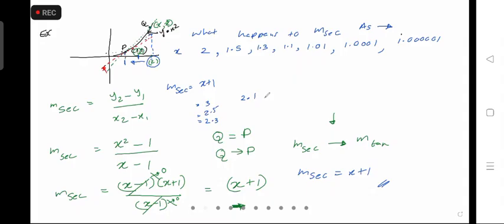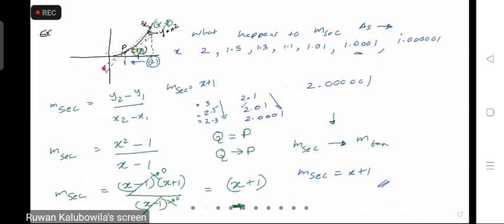Then you can apply 1.01, then the gradient is 2.01. If you apply 1.0001, then the gradient is 2.0001. If you apply 1.000001, then the gradient should be 2.000001. Now you can see the trend in these answers.